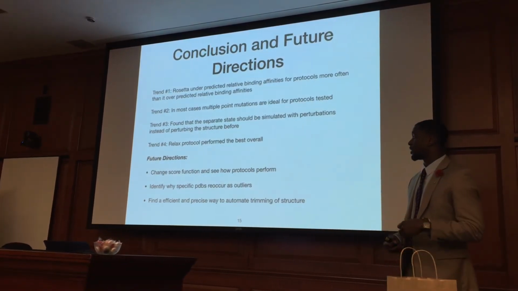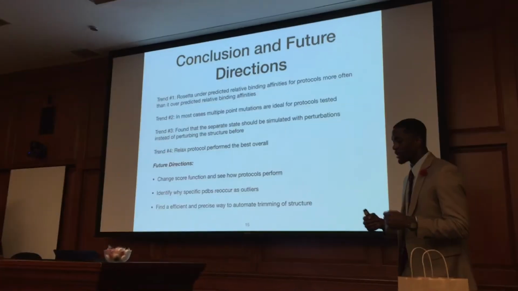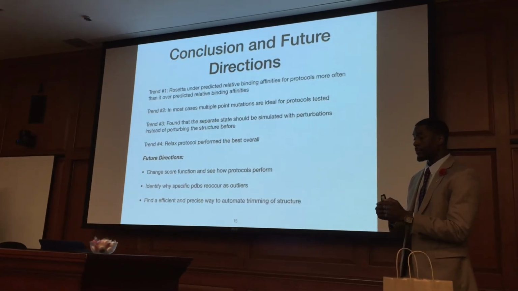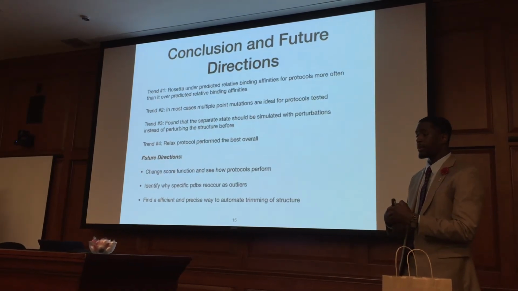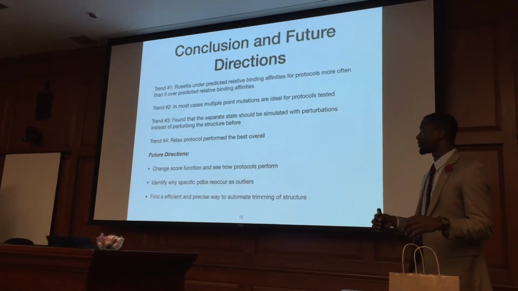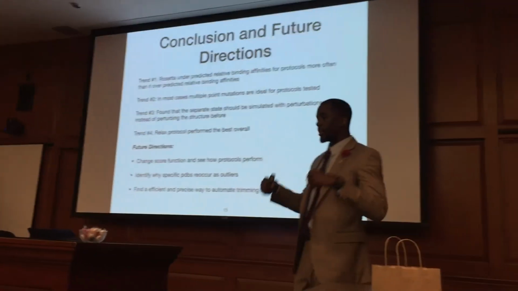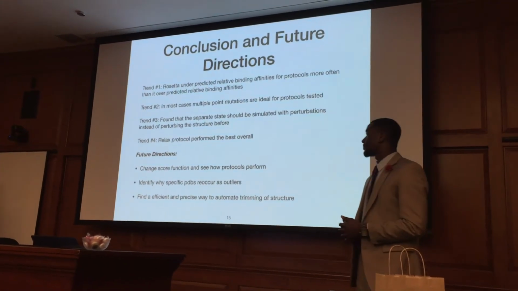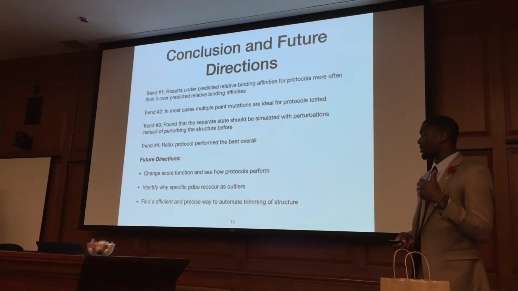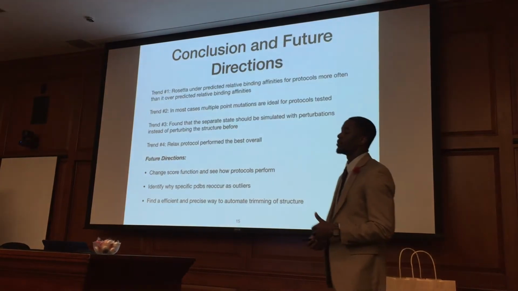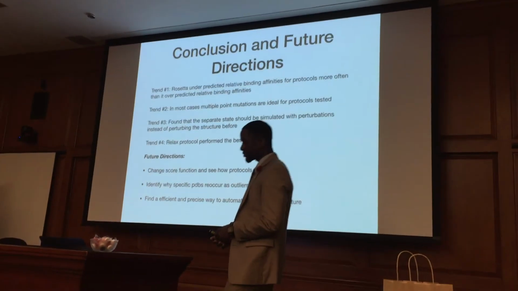We also found that you have to simulate the separation when it's in this complex form and then evaluate the energy, instead of just separating them and then doing simulations on them after. Finally, we found that the best protocol to run with this specific data set was this relaxed protocol.